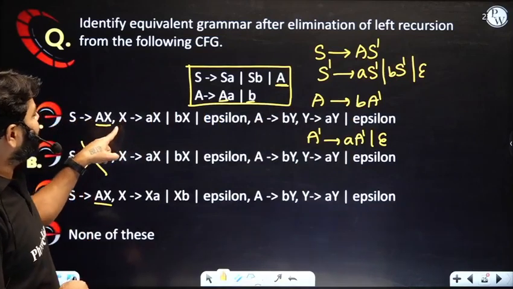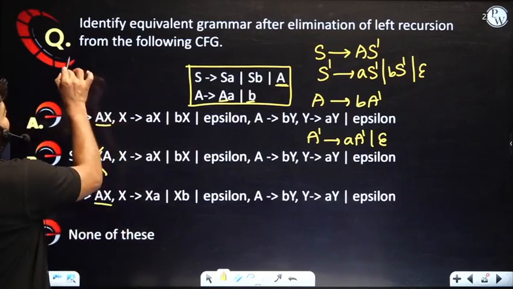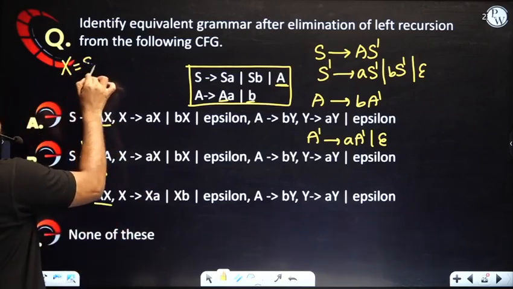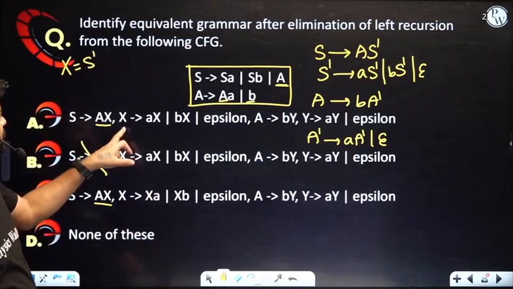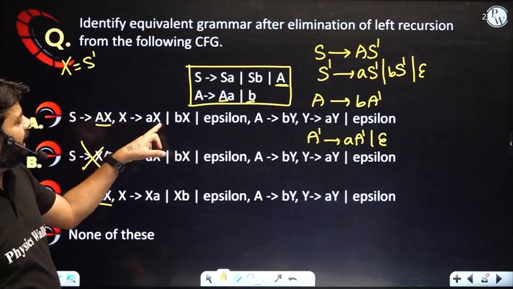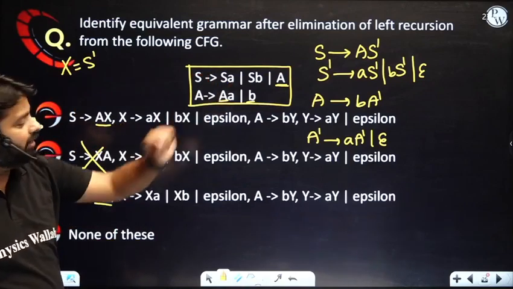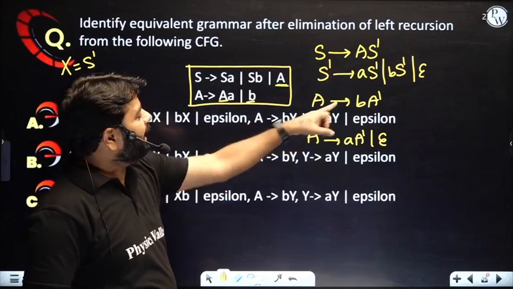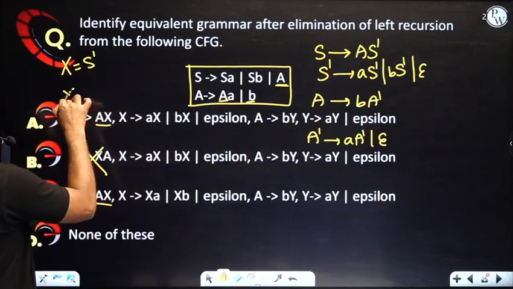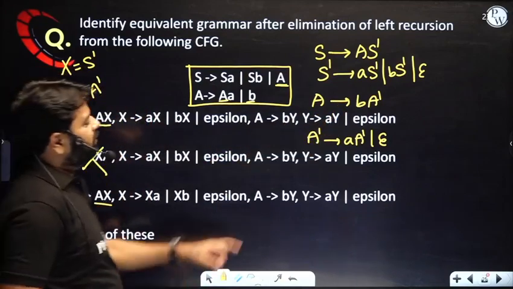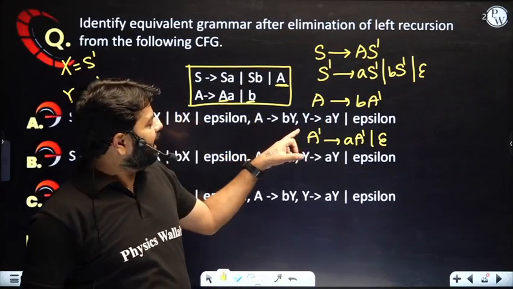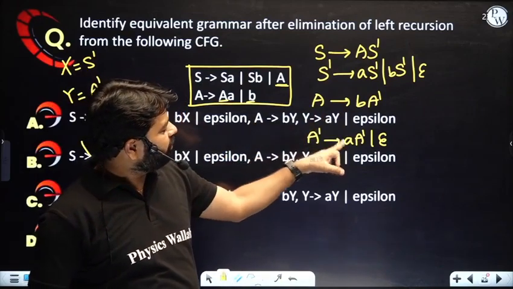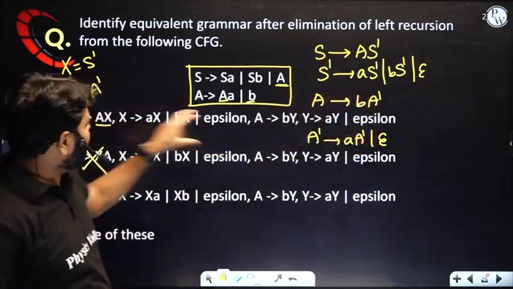Next, S dash. Assume X is S dash. Okay, I am just assuming now. S dash derives A S dash, B S dash, epsilon. That's fine. Now here A dash is assumed as Y. So A to B A dash and A dash to A A dash or epsilon is exactly matching with the first line.